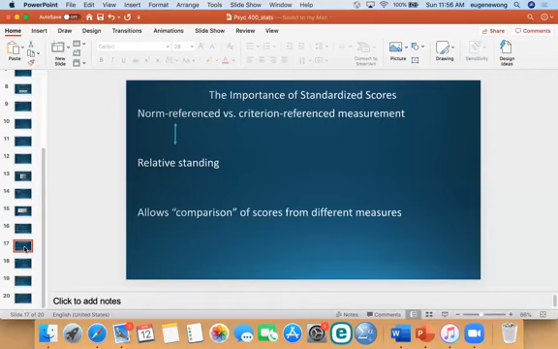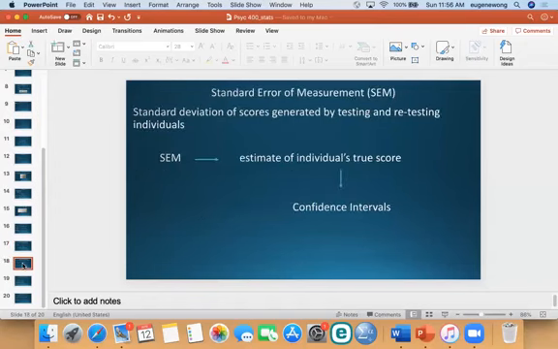Okay, so again, besides our standardized scores, we have other important stats ideas that we have to throw in here and that we have to get you comfortable with. So what we have here is the notion of standard error of measurement, which is then going to get tied to the notion of confidence intervals.